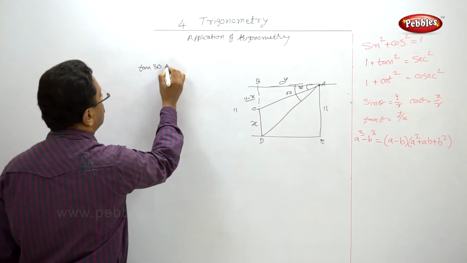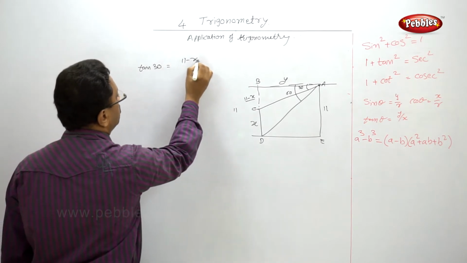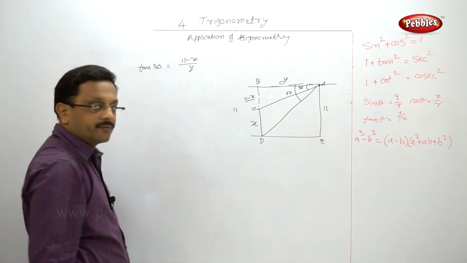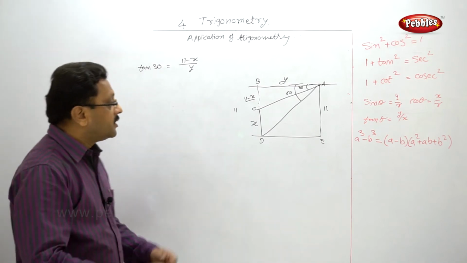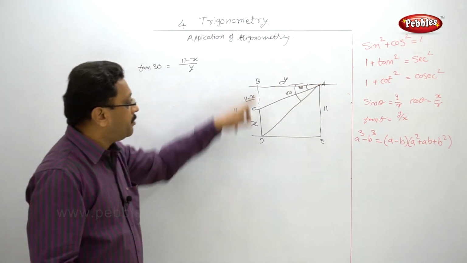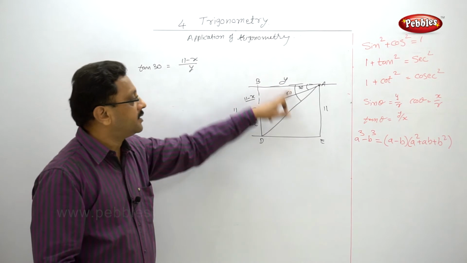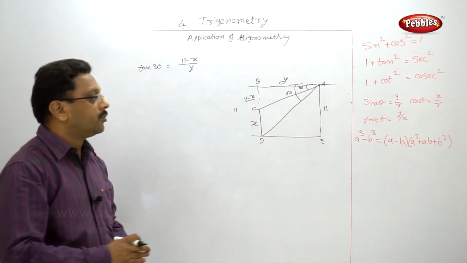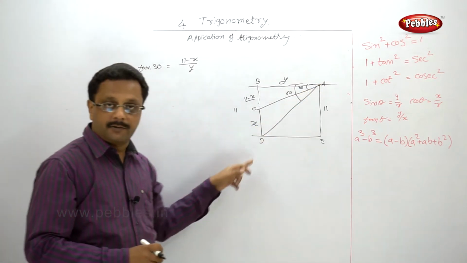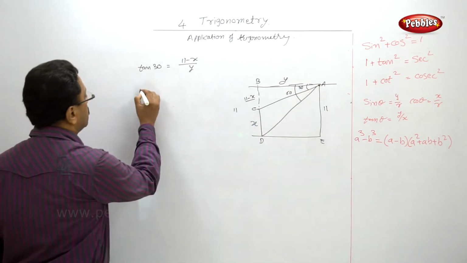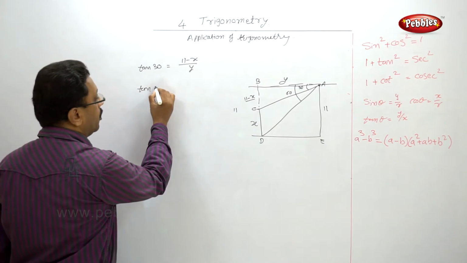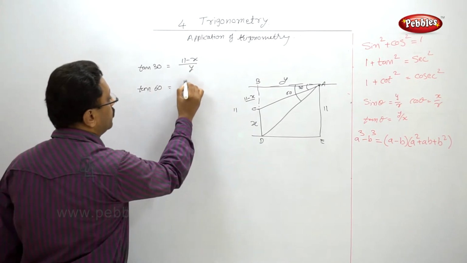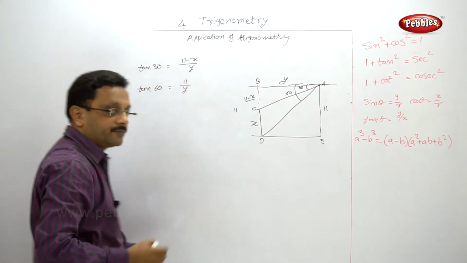Tan 30 is equal to 11 minus x upon y. Now we have the second triangle, that is A, B and D. Here the angle is 60. So we have this complete upon y is equal to tan 60 because this is the hypotenuse. So we have the second equation, tan 60 is equal to 11 upon y.